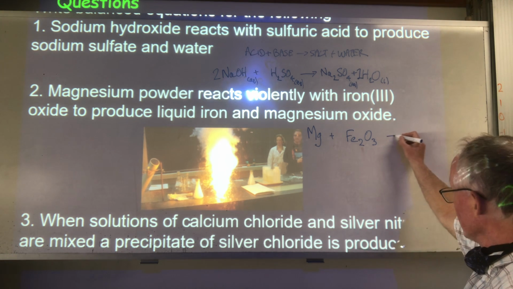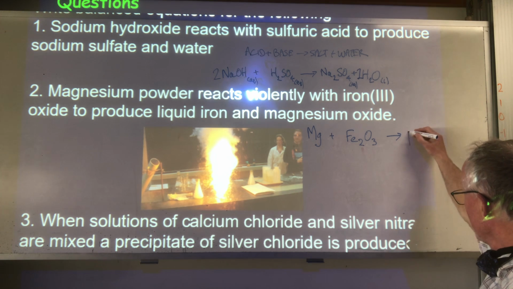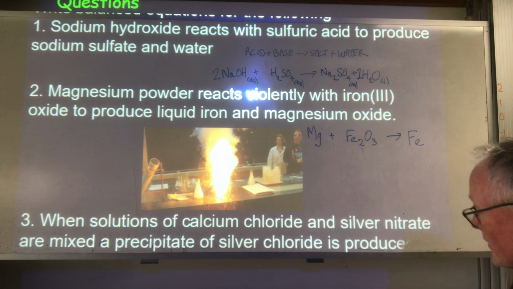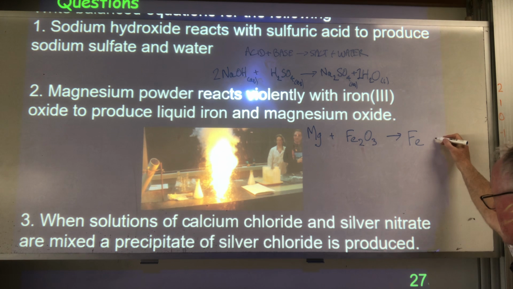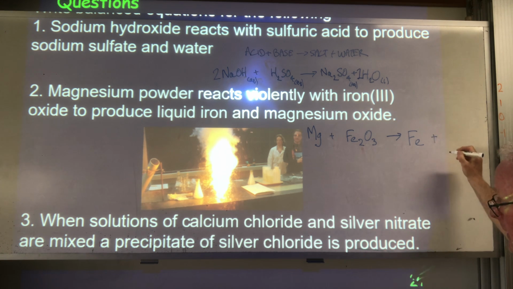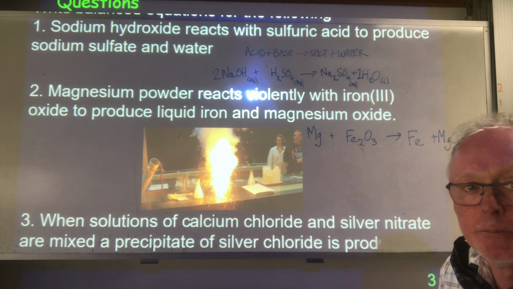Is producing liquid iron. So that's elemental iron again, just iron on its own, no charge. And the magnesium's been oxidised to magnesium oxide. Mg2 plus, O2 minus, means we get MgO.